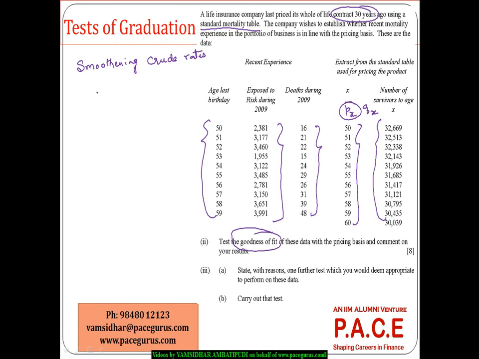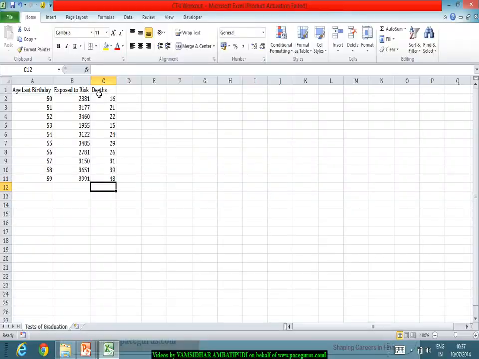Okay, from the standard table, the number of survivors, right? Number of survivors up to 50 years.